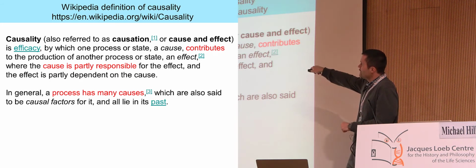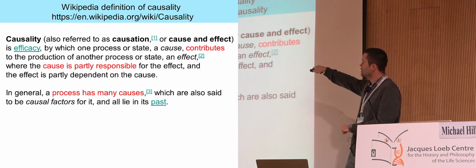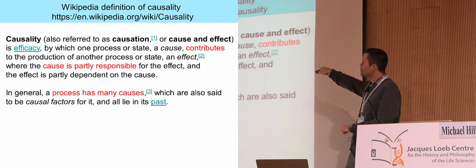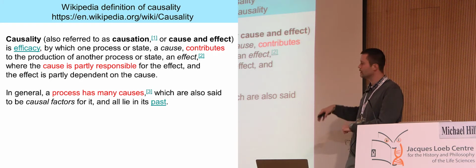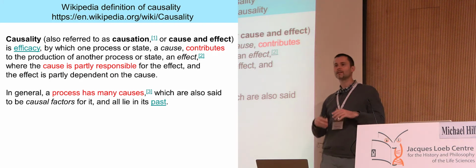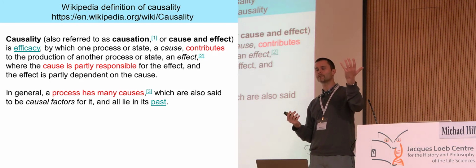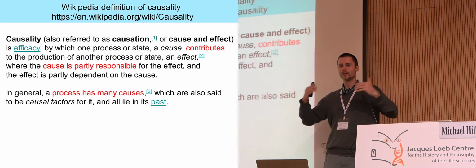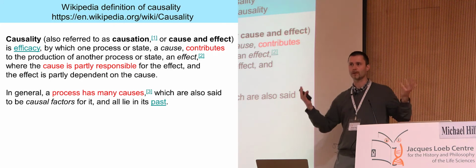It says that causality is the efficacy by which one process or state, a cause, contributes to the production of another state, an effect. So the cause is partially responsible for the effect, or in other words, a process can have many causes. I think this describes a phenotype pretty well, because for most phenotypes you need many genomic changes to give you this phenotypic change or adaptation.